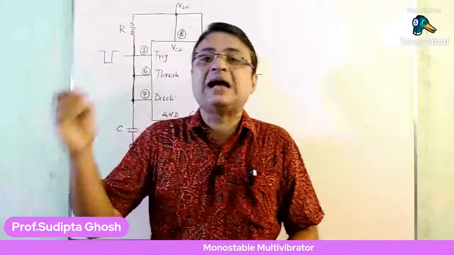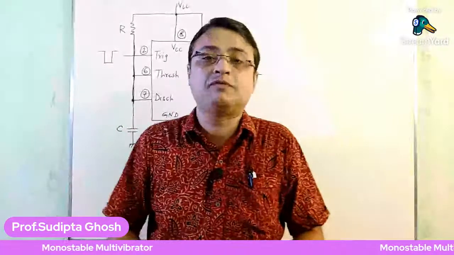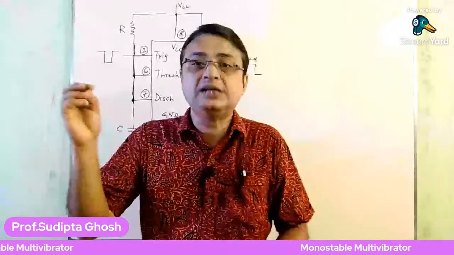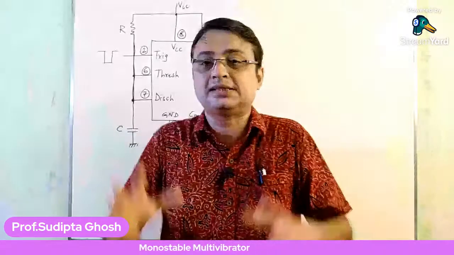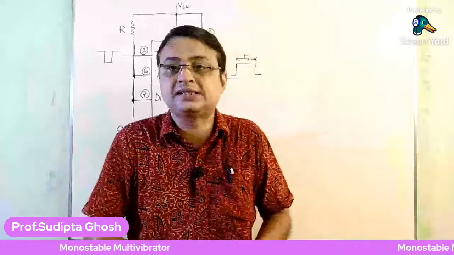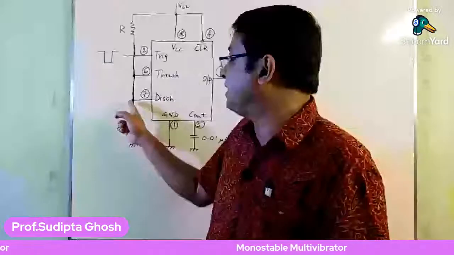As the output of the 555 timer goes low, the Q bar of the RS flip-flop goes high, which makes the discharge transistor saturate, and this results in pin number 7 going to ground.